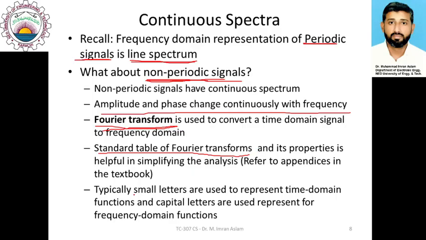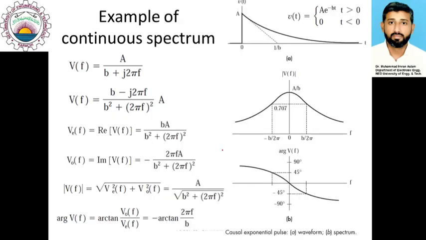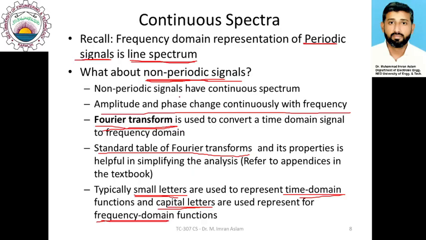One convention that we use in transforms is that we typically use small letters to represent a signal in time domain, and capital letters to represent a signal in frequency domain, that is, the spectrum of the signal. So if you have a time domain signal, it will be represented by small v(t), and its spectrum would be represented by capital V. This is the convention that we commonly use.